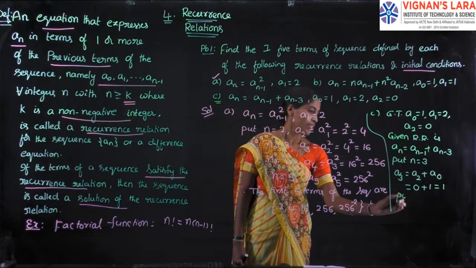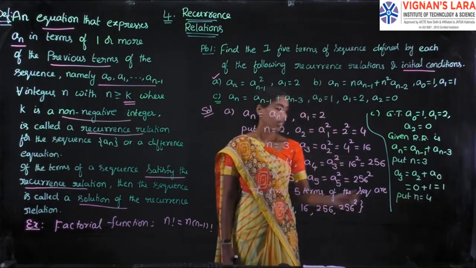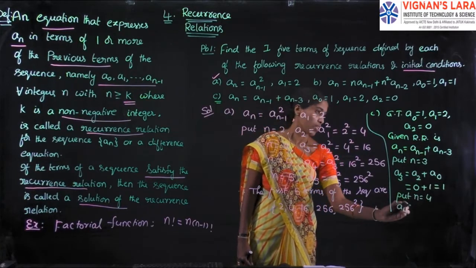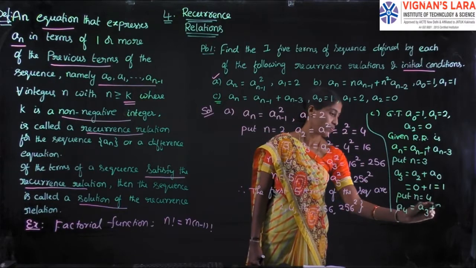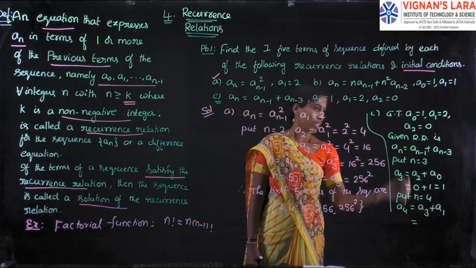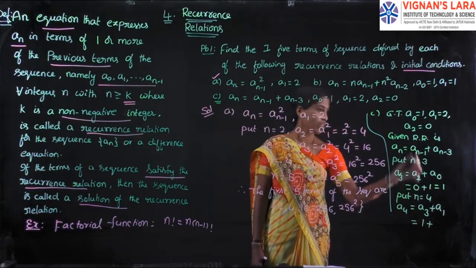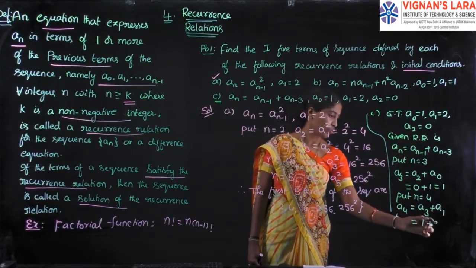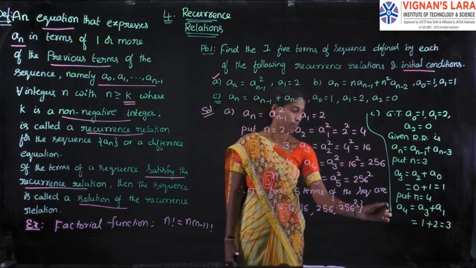Now put n is equal to 4, right? So A4 is equal to A3 plus A1, since 4 minus 1 is 3 and 4 minus 3 is 1. In this sum, the A3 value we already calculated is 1 and the A1 value is 2. So 1 plus 2 is 3.